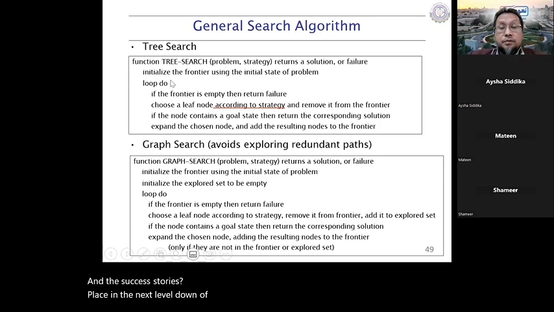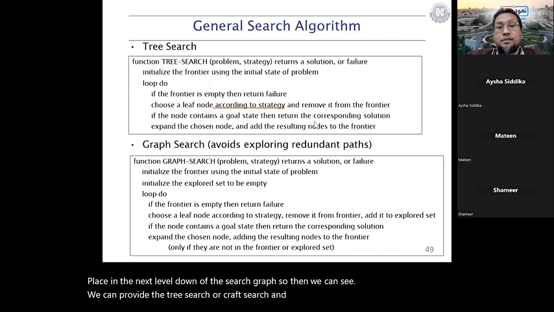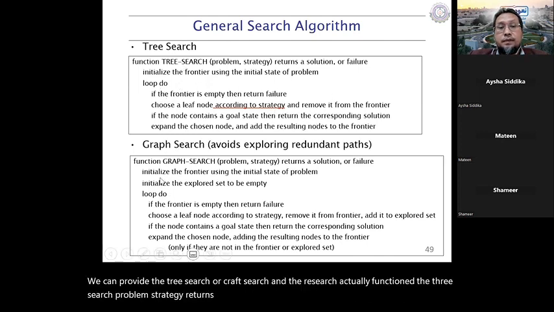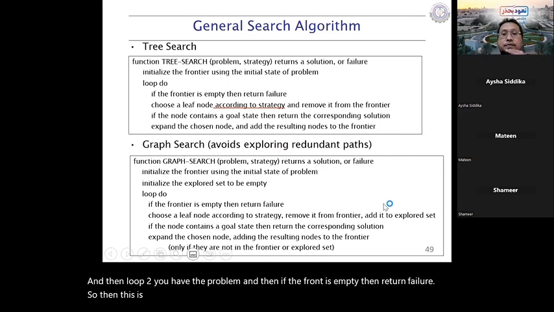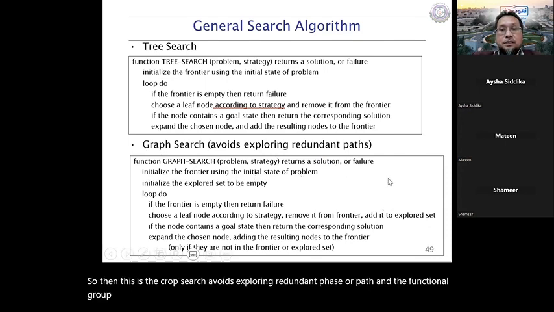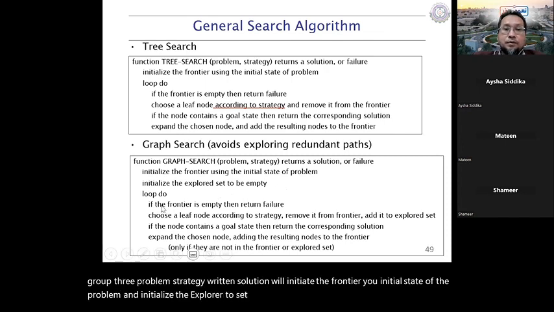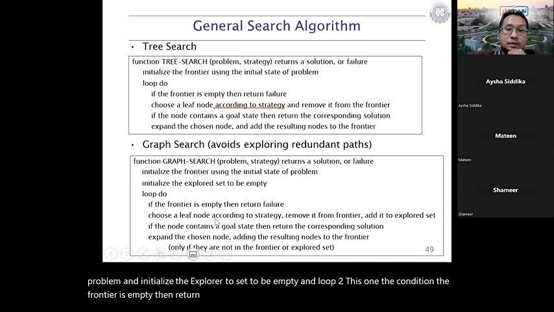The function tree search, with problem and strategy, returns a solution or failure. Then loop do, and if the frontier is empty, then return failure. Then this is the graph search, which avoids exploring redundant paths. The function graph search, with problem and strategy, returns a solution. It initializes the frontier using the initial state of the problem and initializes the explored set to be empty. Loop do: if the frontier is empty, then return failure, and choose a leaf node according to the strategy.